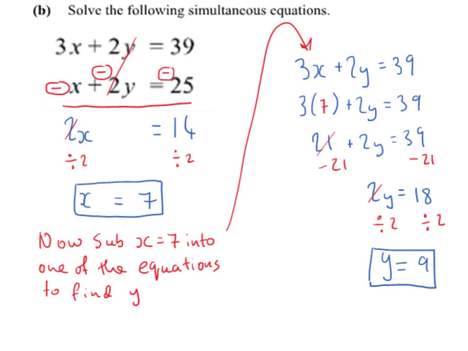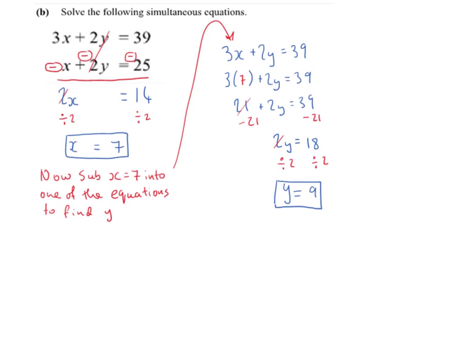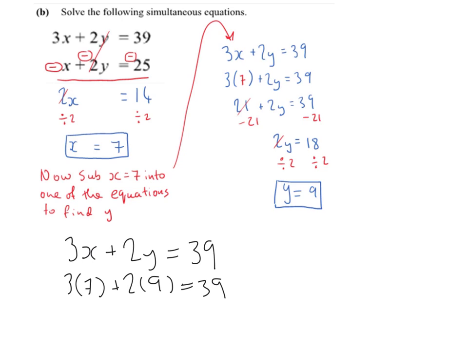So we can check are we right by subbing our x value and our y value back into one of the equations. So let's say we go with the top one. So I have 3x plus 2y equals 39. I'm going to swap the x for 7, and I'm going to swap the y for 9 with brackets.